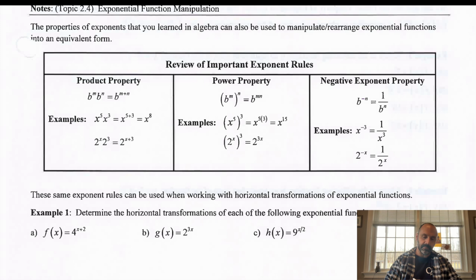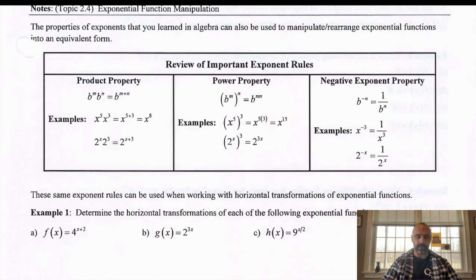The product property: if you've got two powers being multiplied, as long as it's the same base, b to the m power times b to the n power, then that's equal to b to the m plus n. So for example, x to the fifth times x to the third is x to the eighth. Okay, the power property: b to the m, the whole thing to the n power, is the same thing as b to the m times n, right?